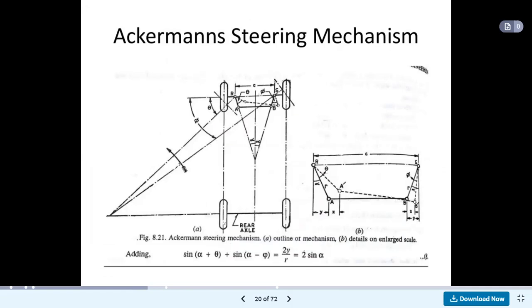In this first condition, sine of alpha plus theta, plus sine of alpha minus phi, is equal to 2 times y, this distance, divided by r. R is the radius, or this distance is r. So the answer is 2 sine alpha.